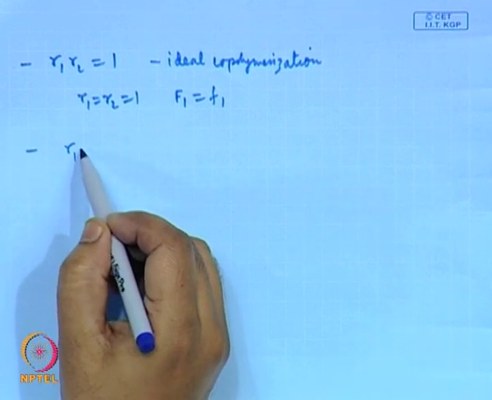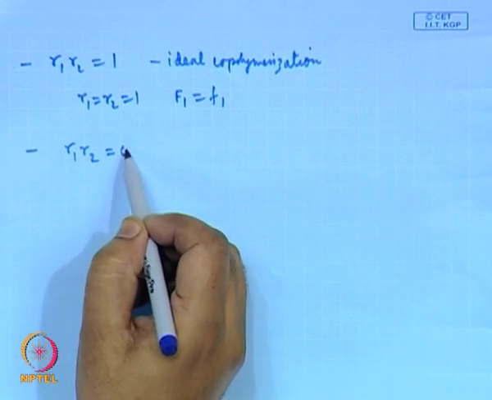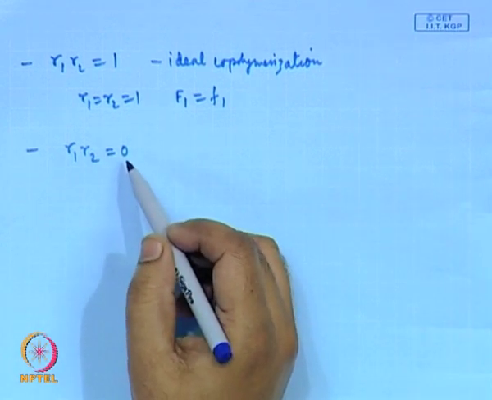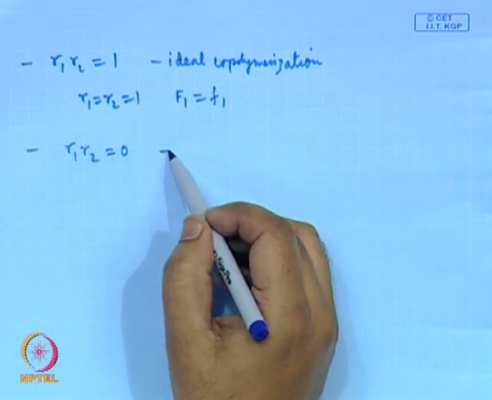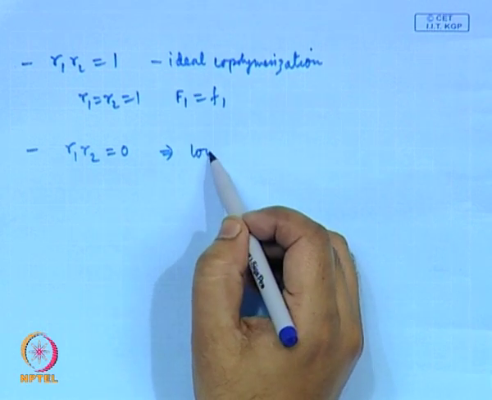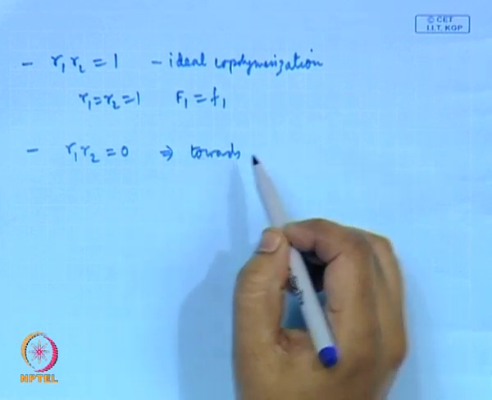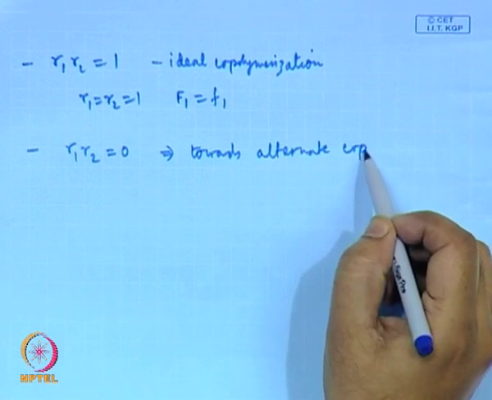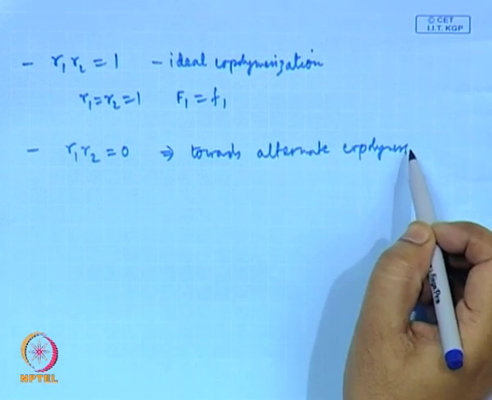We have seen the second type, where this product is equal to 0, which gives alternate copolymerization.